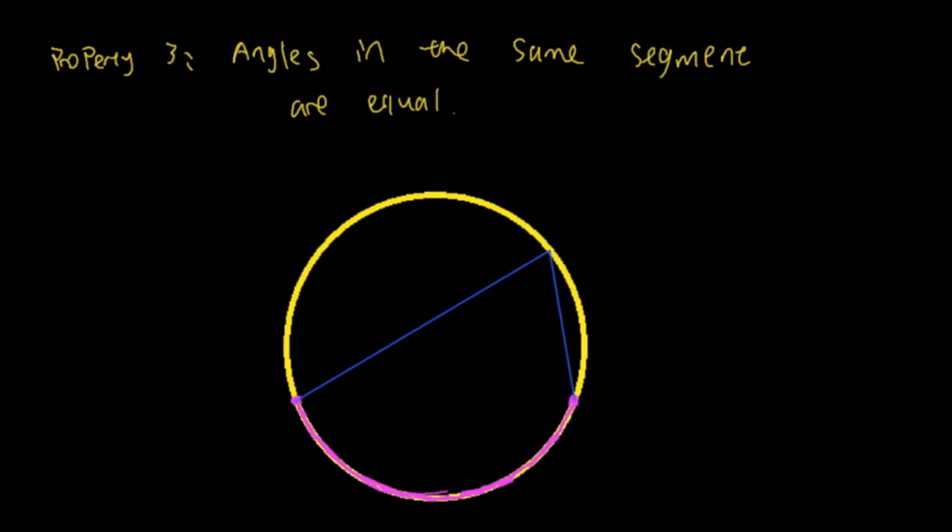Similarly, on this side, from the end of the segment, I will have a line going through here and then coming down to the other side of the segment. What this theorem is saying is that this angle and this angle should be the same. Let me call this angle x, this angle y. So what we have to prove here is that angle x is equal to angle y. That's what we have to prove.